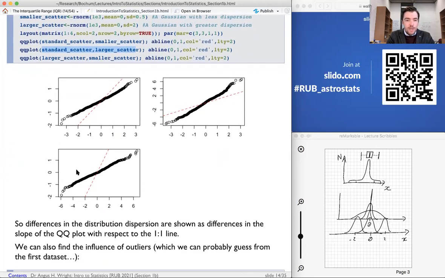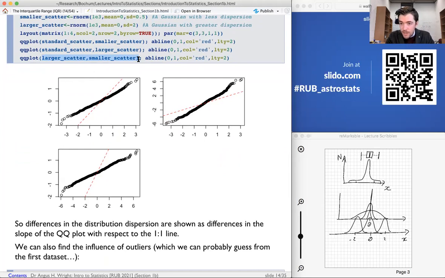And that tilt becomes more significant if you compare the large scatter and the small scatter. So this is related to the difference in dispersion between the 2 data sets. So the deviation with respect to the distance to the one-to-one line dictates a shift in the mean, in the median. A difference in the slope with respect to the one-to-one line dictates a difference in the dispersion.